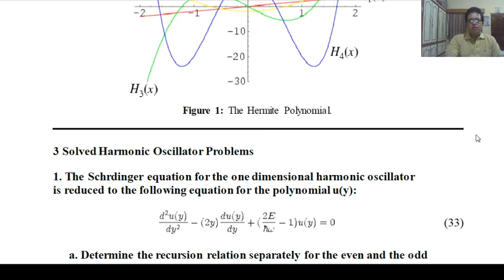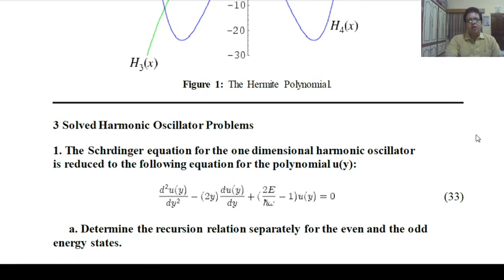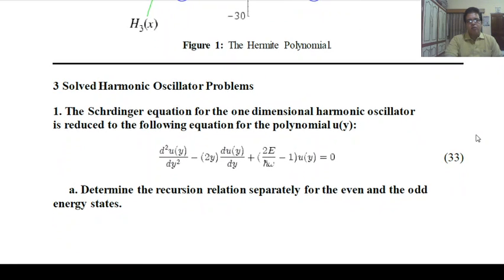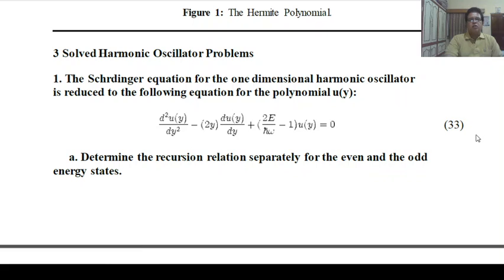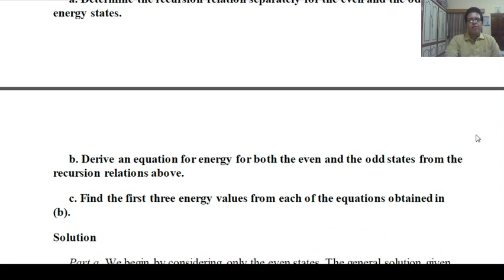Okay, so we understand the solution of the harmonic problem. The Schrodinger equation for the one-dimensional harmonic oscillator is reduced to the following equation for the polynomial U(y). Determine the recursion relation separately for even and odd states.